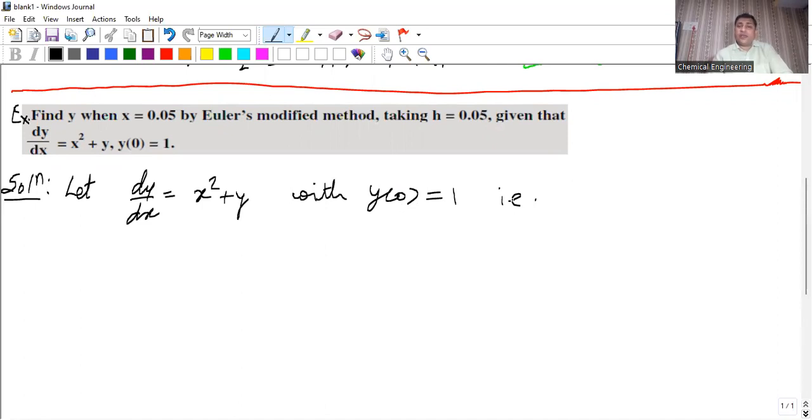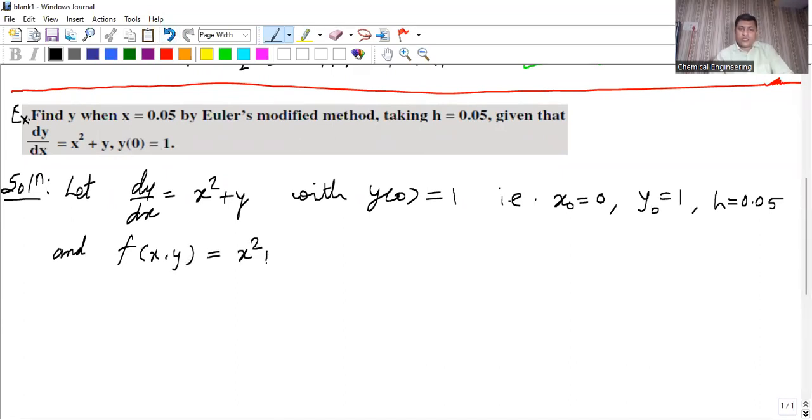This term is x0, so we got x0 is equal to 0 and y0 is equal to 1. y at x0 is y0, that's why y0 is equal to 1. h is already given, so 0.05. And we have the function f of x, y, which is x square plus y.